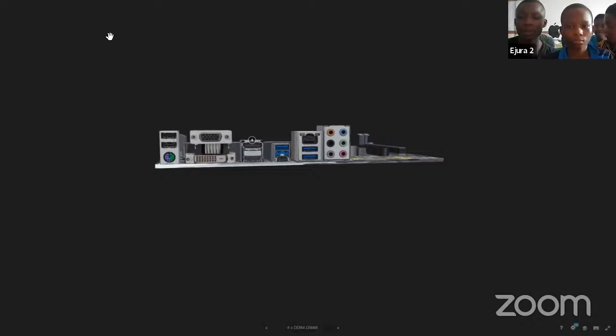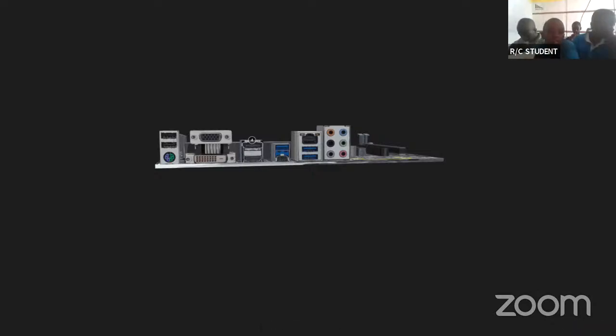Sir, in my understanding, I think the computer can process information, but it can't display the information. So is it yes, or is it no, or is it maybe? Sir, it's yes. Why? Because it can still process the information, but it can't display it.